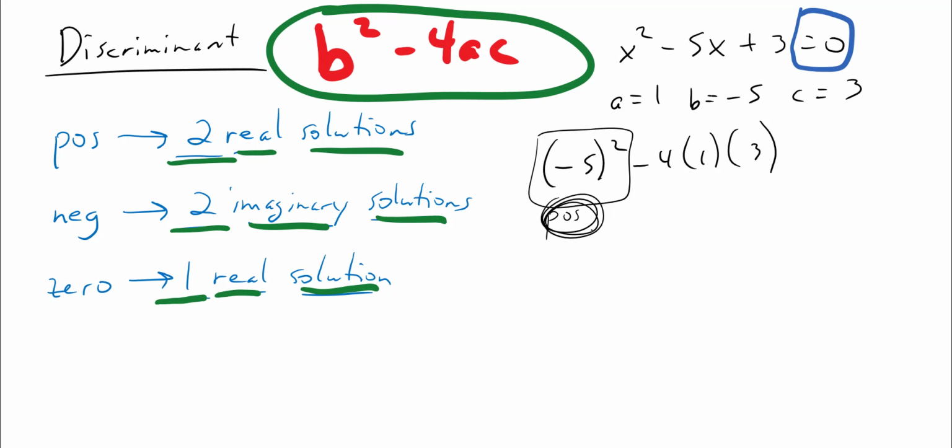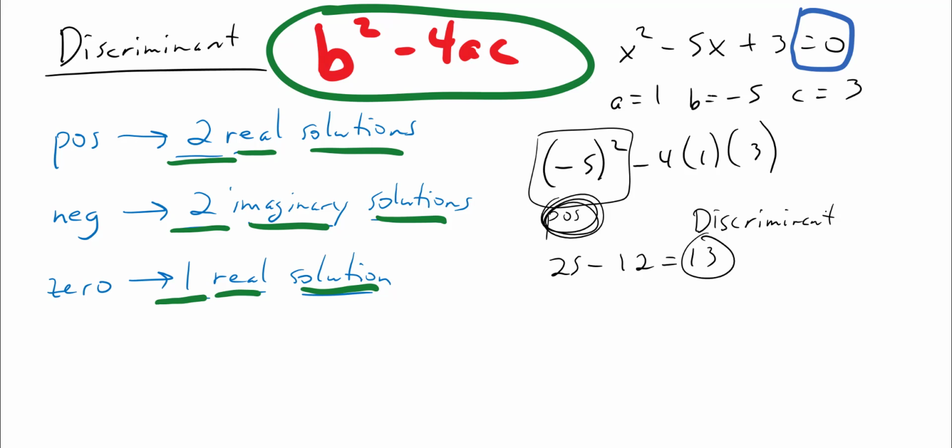That's okay, because it doesn't matter if it's positive or negative. Let me just do it by hand, but it's basically 25 minus 12, which is 13. So guys, this is the discriminant. It's 13.